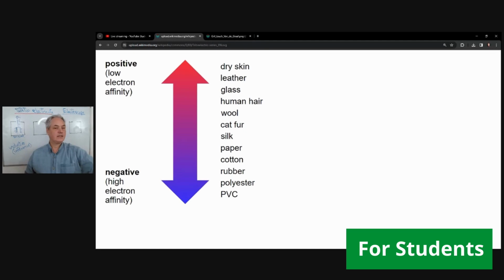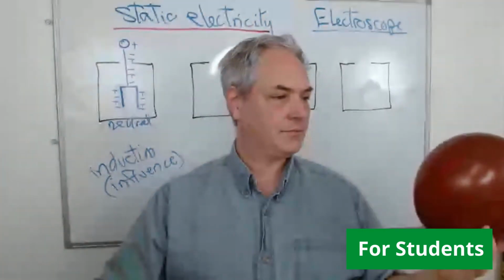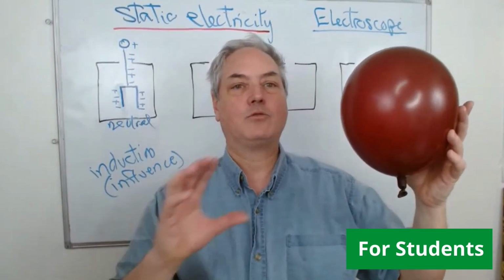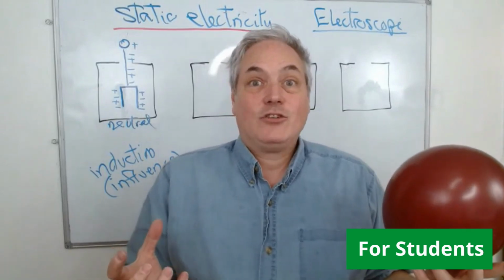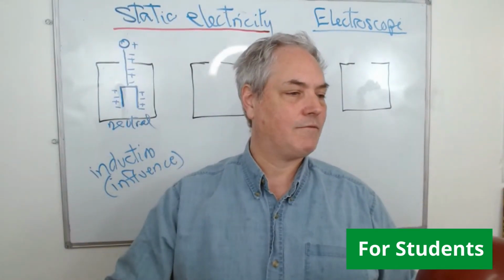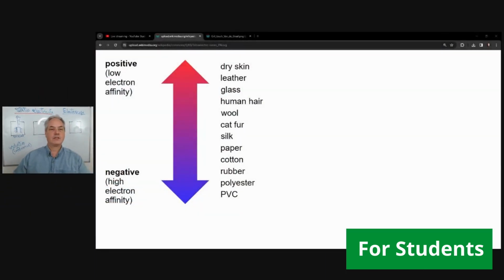When we are taking, for example, the balloon, if we are rubbing a balloon on my hair, you have friction, electrons get energy, and then they can move around. So if we look here at the affinity series, we notice that human hair has a low electron affinity, whereas at the bottom, we have rubber that has a high electron affinity.